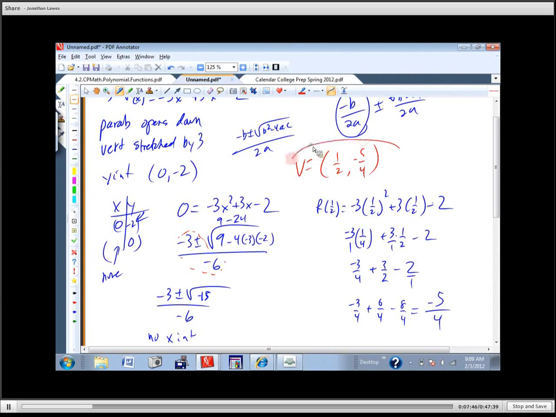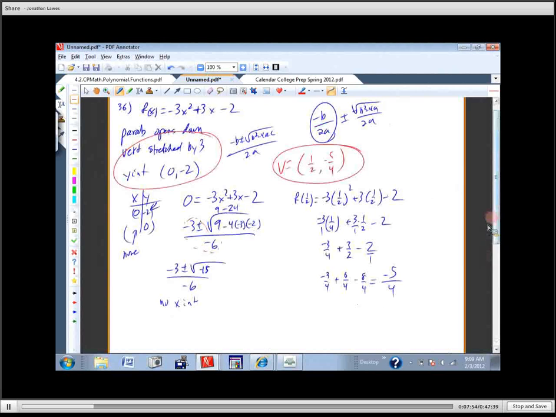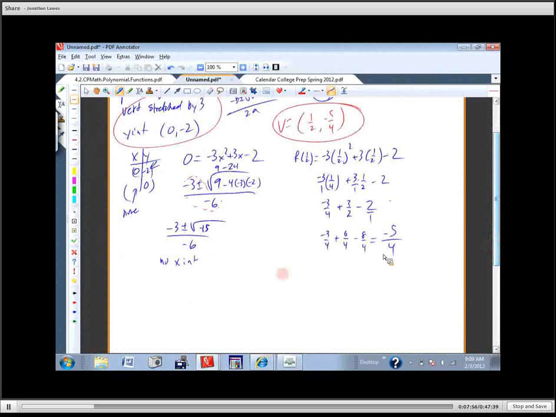So I'm going to take this piece of information and let's graph it. So it crosses at negative 2. The vertex is at (1/2, negative 5/4). What's negative 5/4? 1 1/4, right?